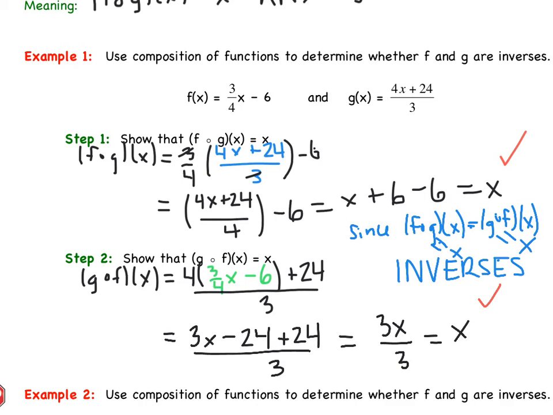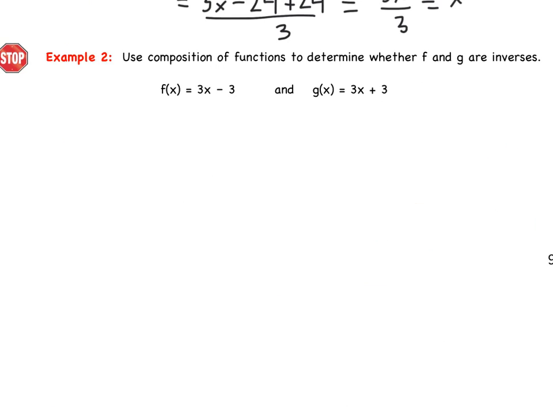That's the conclusion that we want to come to here, given that we found that both f of g of x equals x and g of f of x equals x.